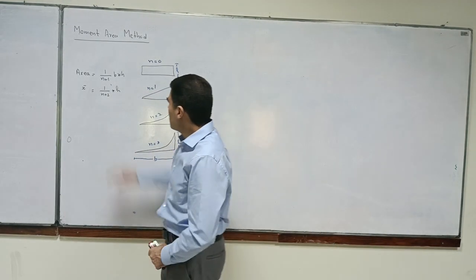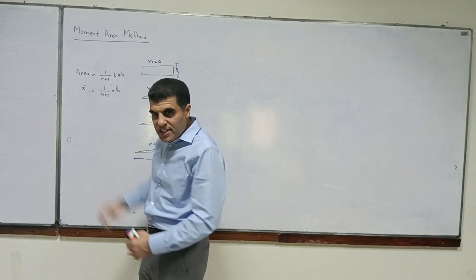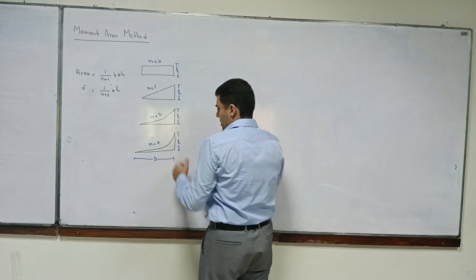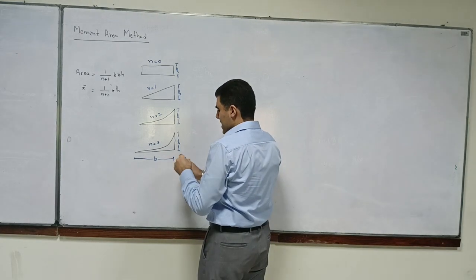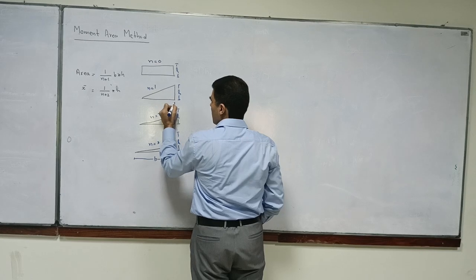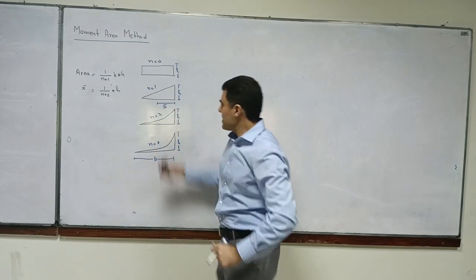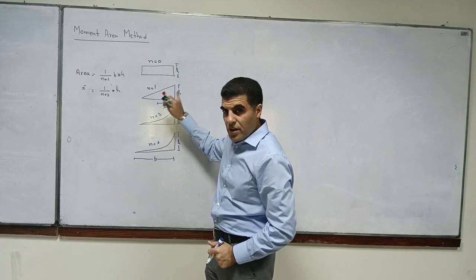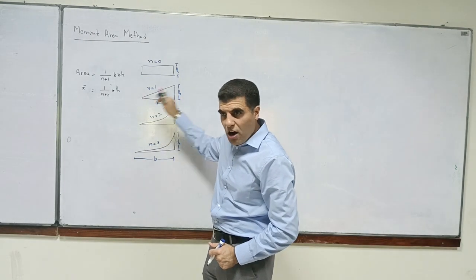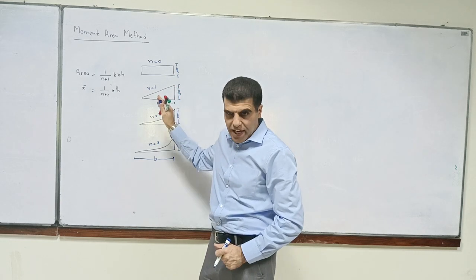And your x bar, which is what? It is the distance of the centroid of the area from the maximum ordinate of the area.